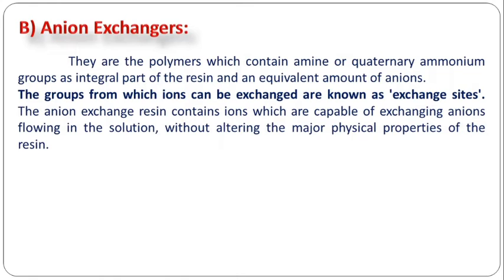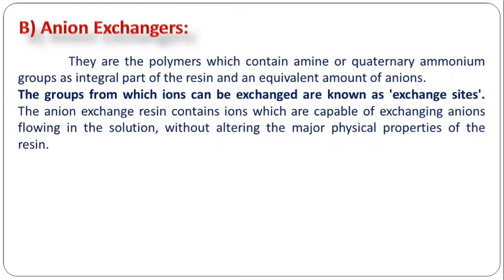The groups from which ions can be exchanged are known as exchange sites. So these functional groups where the ion exchange takes place are called ion exchange sites or exchange sites.